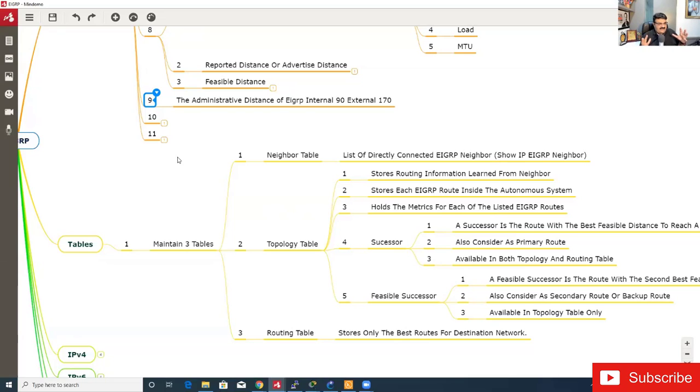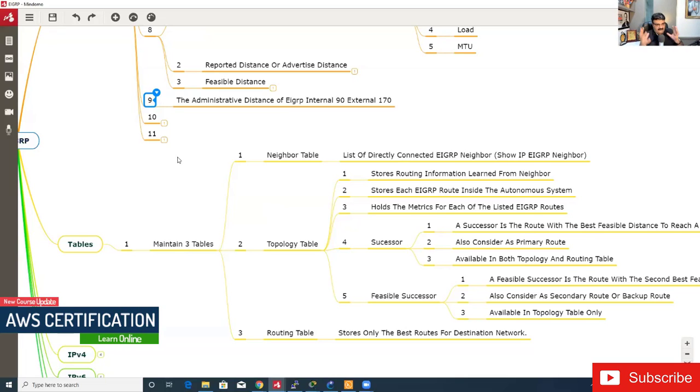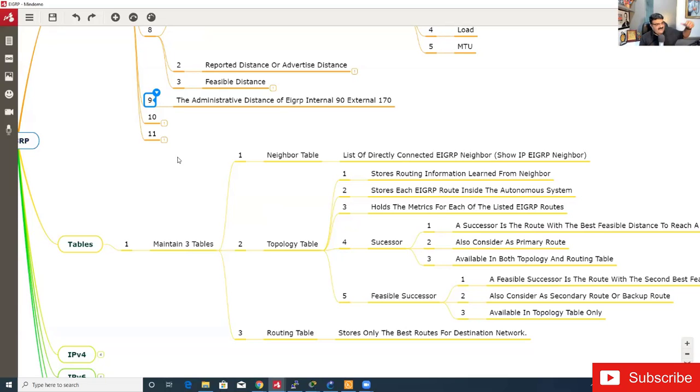Now, what is redistribution? Redistribution is when one network is connected with OSPF and another network is connected with RIP, and I want to exchange routes between them. So I must configure one border router which has RIP and OSPF together, and then I can configure redistribution. If I configure redistribution in EIGRP, I'm able to get RIP routes into EIGRP. EIGRP considers this type of route, which comes from another routing protocol, as an external route.